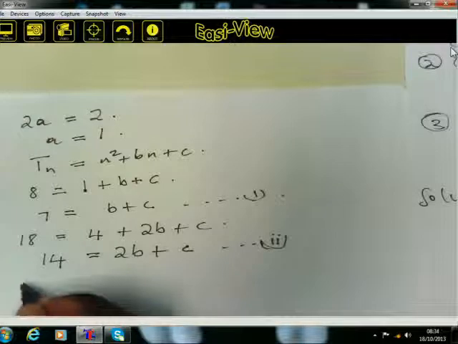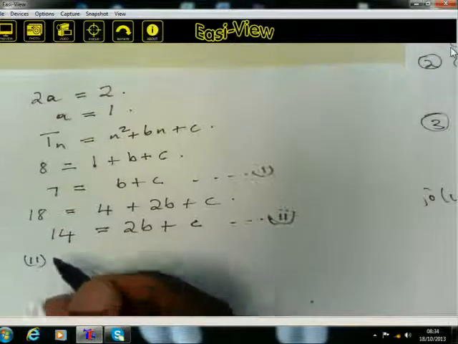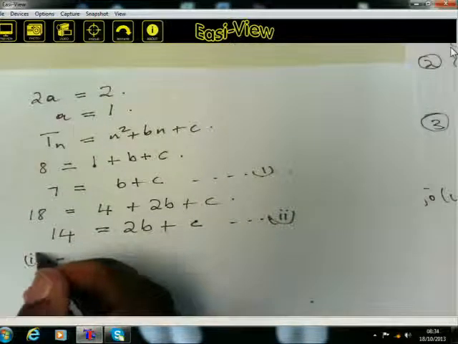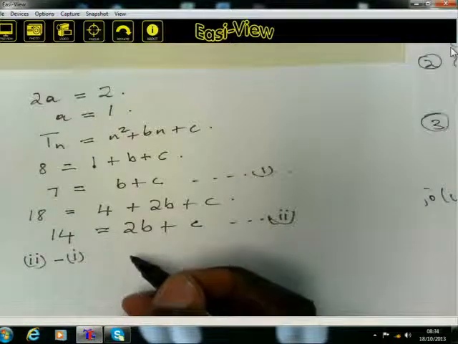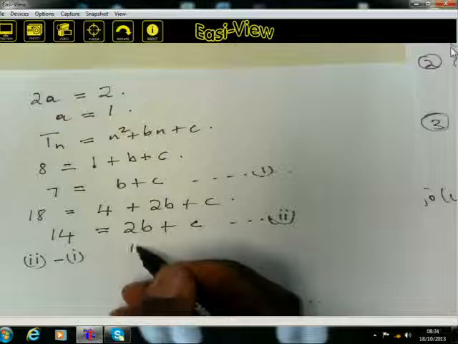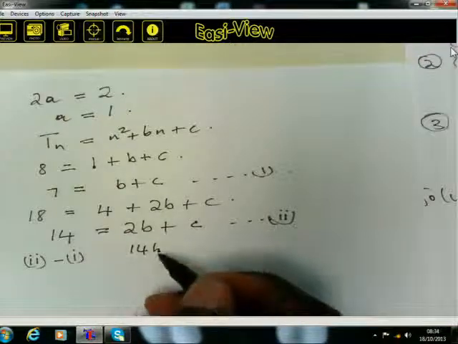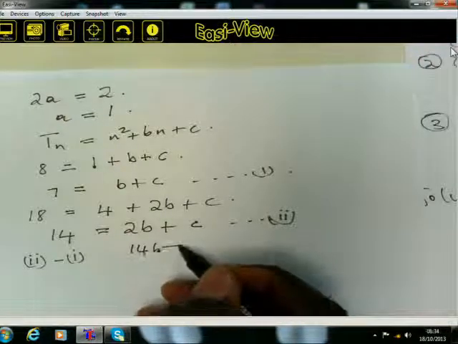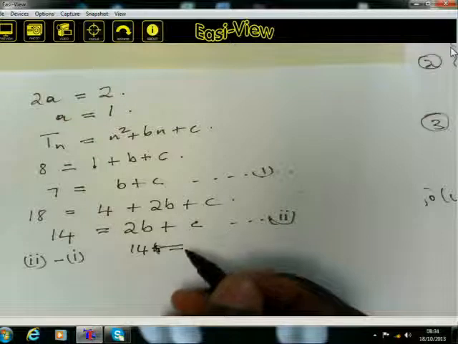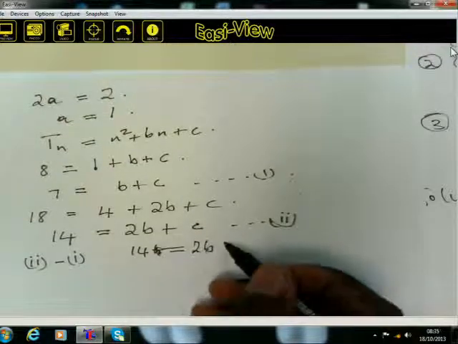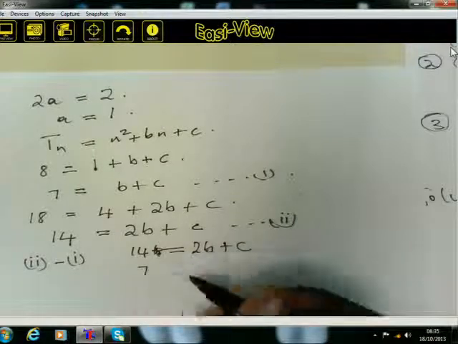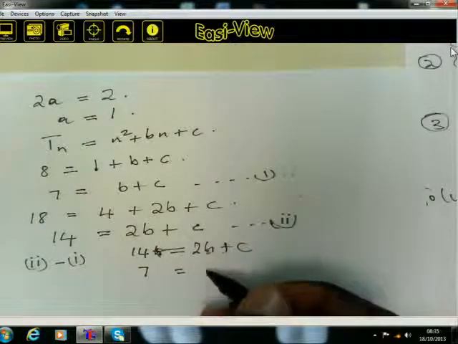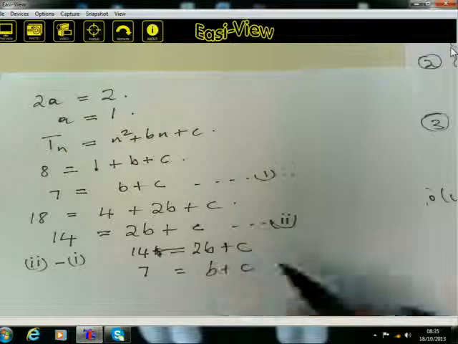And then equation number 2, subtract equation number 1. Then we are going to have 14 is equal to 2b plus c, and then 7, which is equal to b plus c. What did we say?